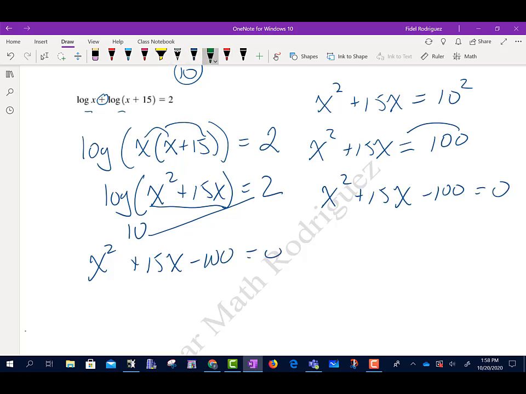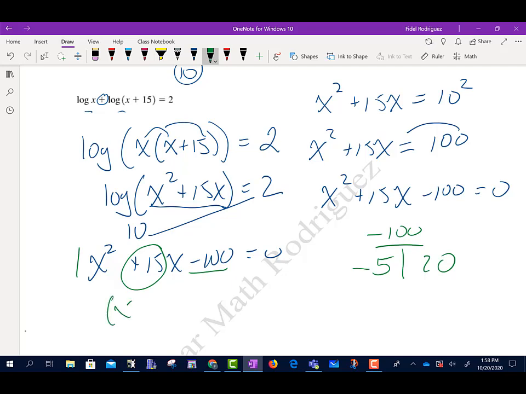So remember, my first step, 1 times negative 100 is negative 100. I'm looking for two numbers that multiply to negative 100 but will add up to 15. What about a 5 and a 20? And let's make that 5 negative. Multiply them, there's our negative 100. Add them up, there's our positive 15.